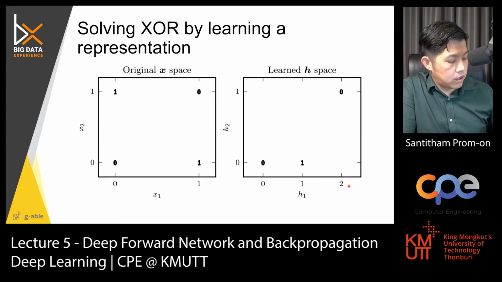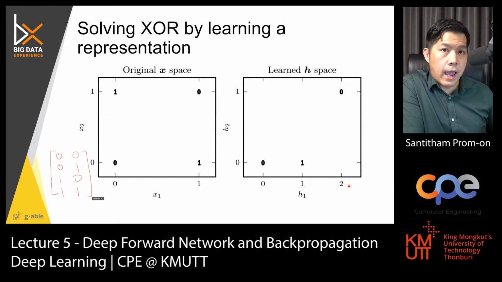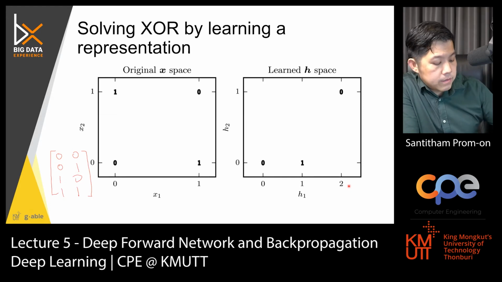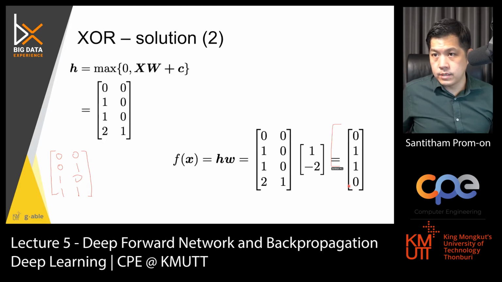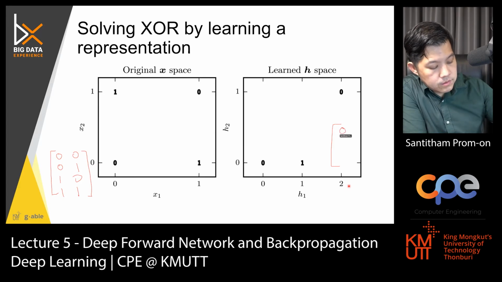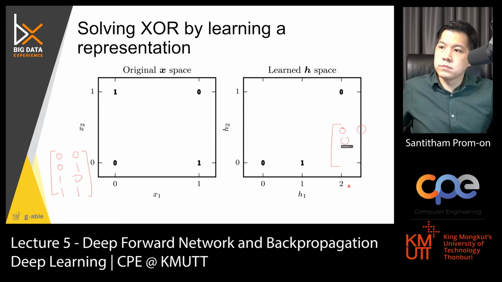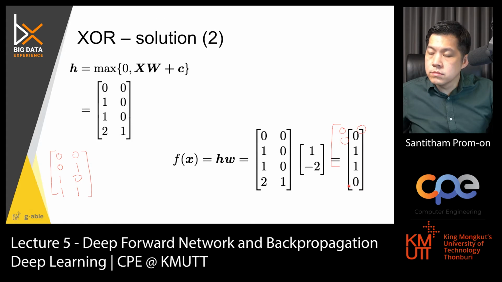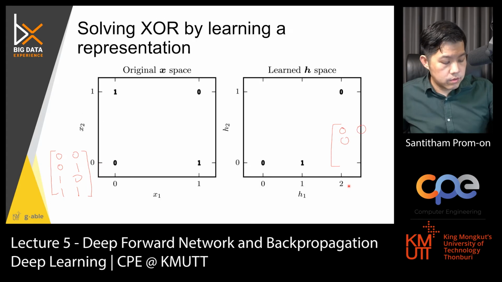Let me put the vector beside it so that you can remember the matrix beside it. 0, 0, 0, 1, 1, 0, and 1, 1. After transformation at the hidden layer, it becomes something like this: 0, 0, 1, 0, 1, 0, and 2, 1.